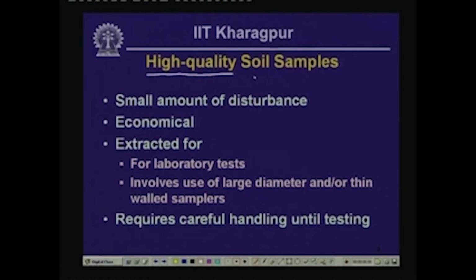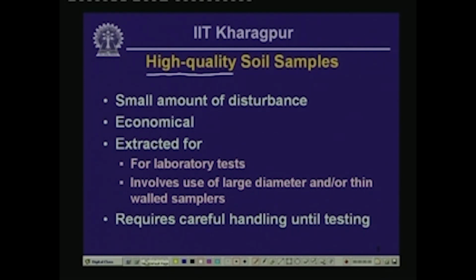And also, for this type of sampling, there are two different procedures, two different examples that we consider here, and they are by using large diameter samplers and thin walled samplers. They also require careful handling and testing.